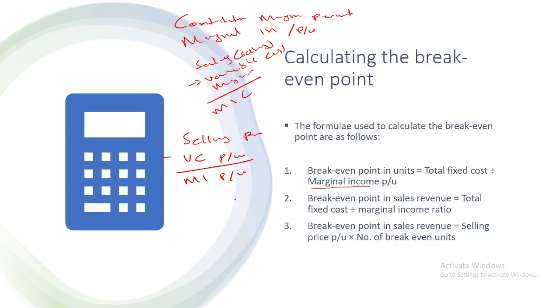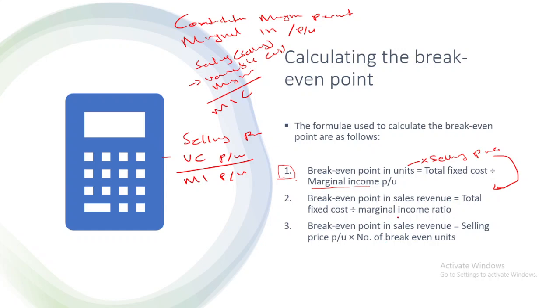Then to calculate break-even points in revenue, how much revenue you need to generate to break even, it's much simpler. I prefer that you calculate the units first. Take the break-even point in units, then multiply it by the selling price. This will give you the break-even point in sales revenue.